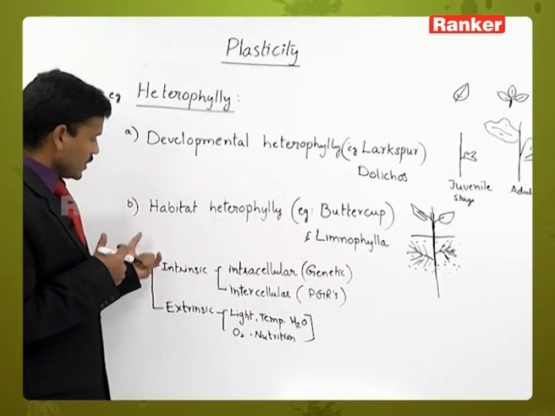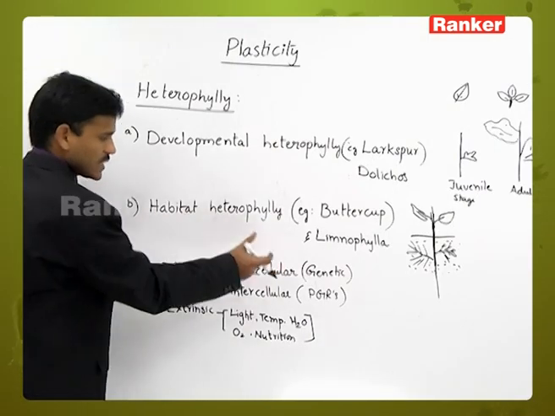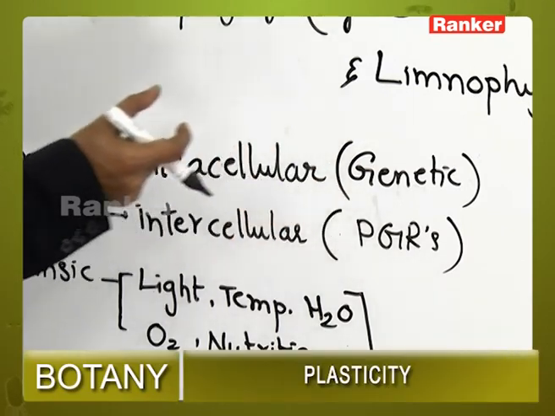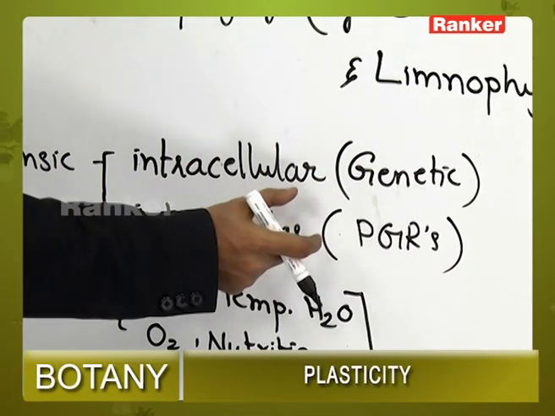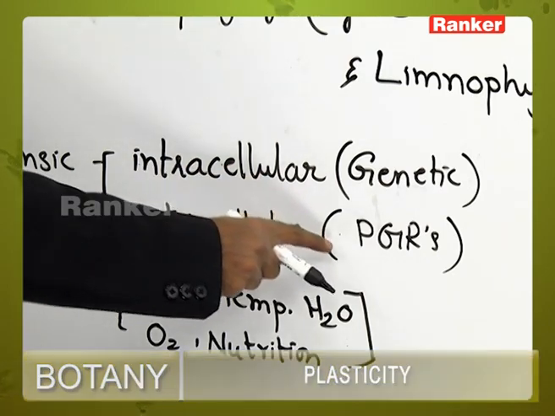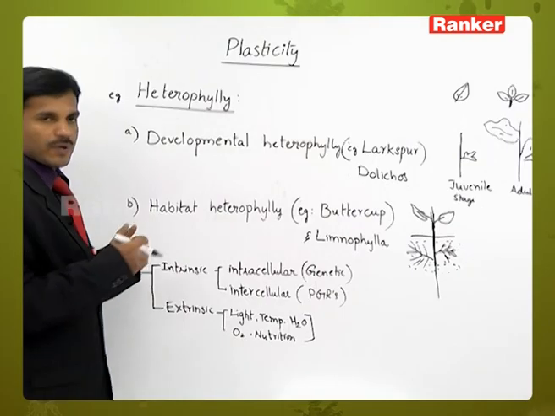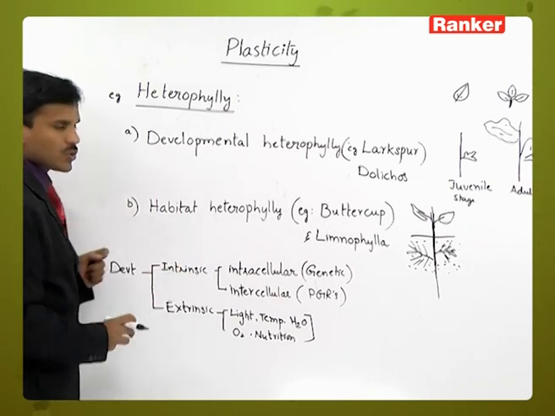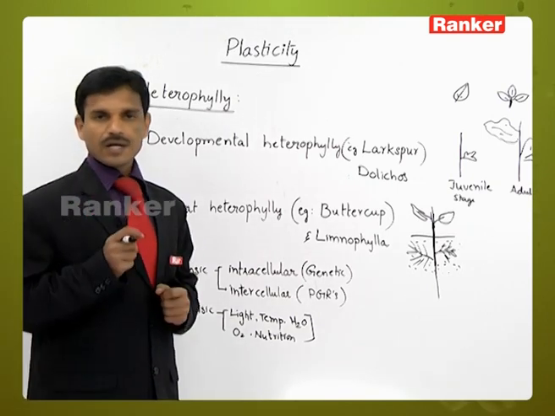Intracellular factors are the genetic material, the genome, chromosomes or DNA, and plant growth regulators, phytohormones, are intercellular. So the intrinsic factors show their effect on development.